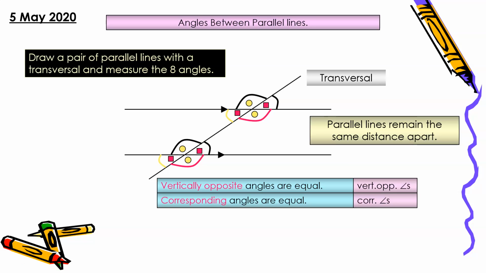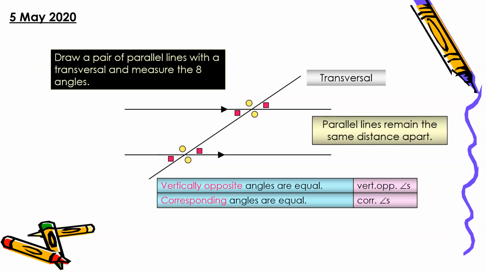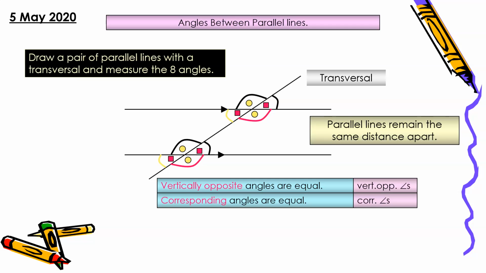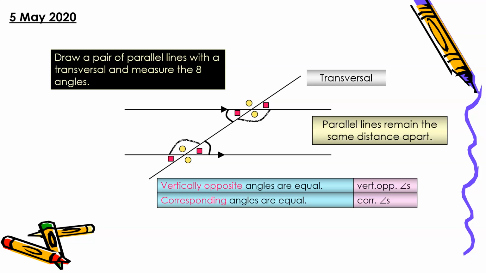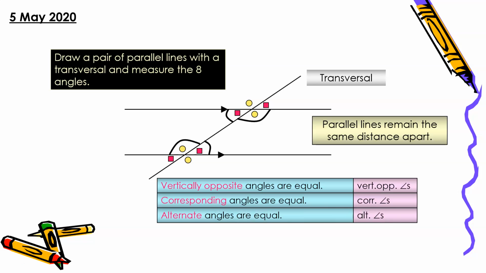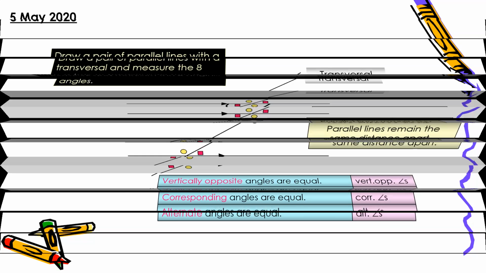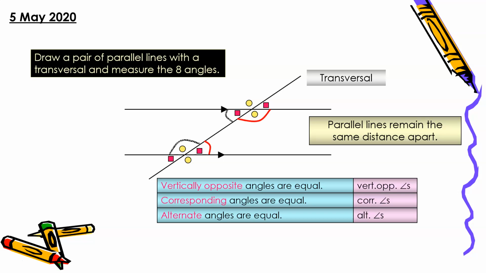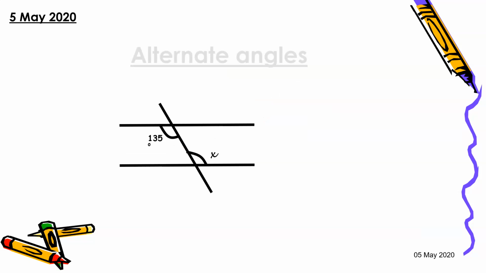But also we know that all those angles are equal as well. So corresponding angles, which are the squares, alternate angles, which are the circles, and lastly the co-interior angles, sometimes simply called the interior angles, are supplementary or add up to 180.